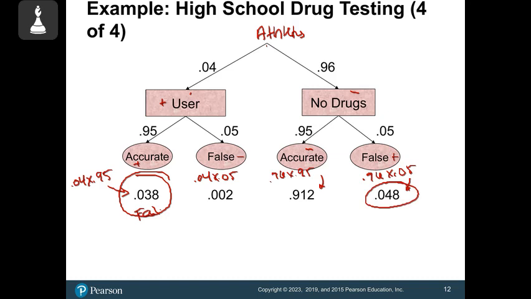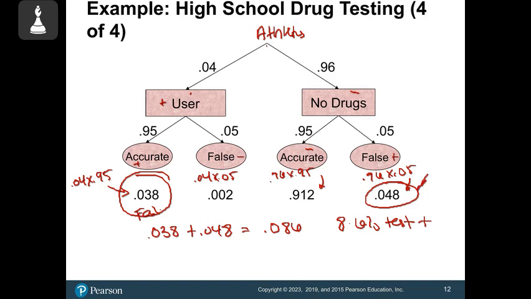So we've got 0.038 over here and 0.048 over here, which if I add those together is 0.086. So out of the entire group of athletes, 8.6% test positive for drugs. Now, this is the false positives over here, and we want to know what percent that is.